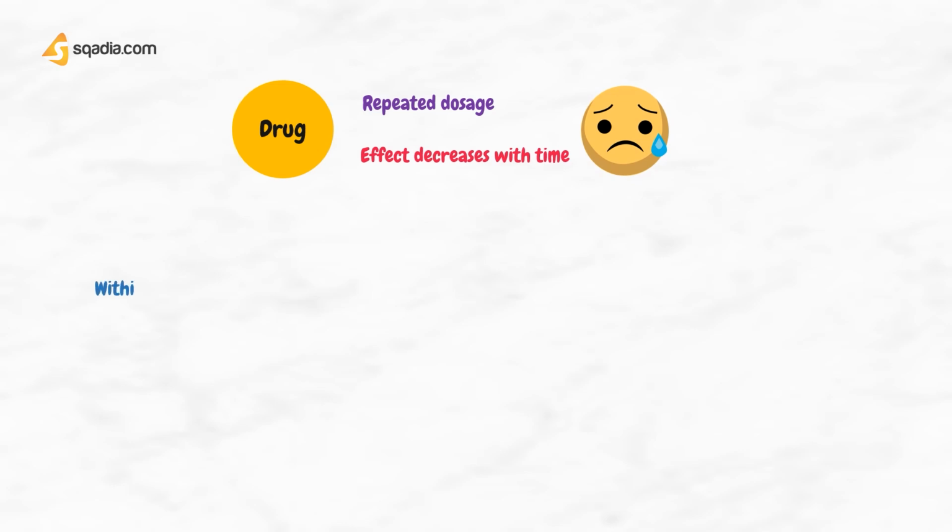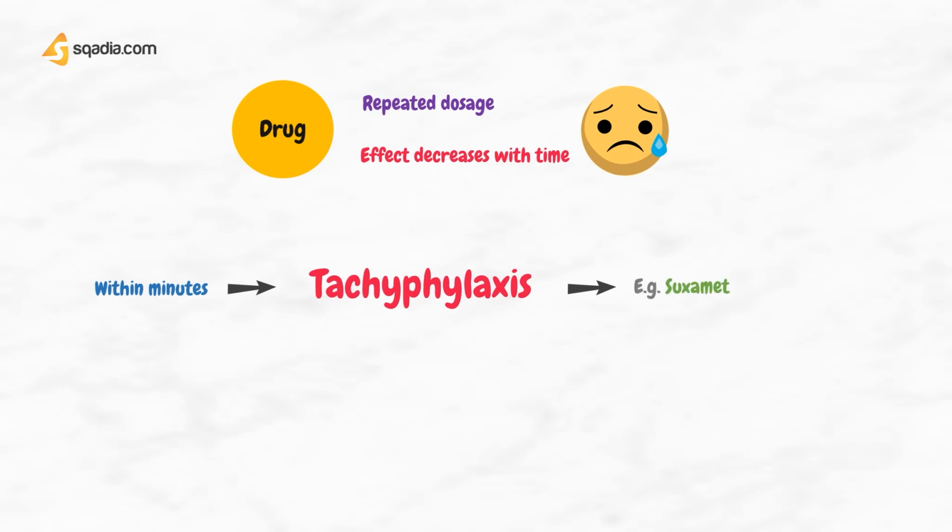Tachyphylaxis, desensitization, tolerance and drug resistance. When a drug is given repeatedly, its effects often decrease with time. If the decrease in effect occurs quickly within minutes, it is called tachyphylaxis or desensitization. Changes in receptors may cause desensitization, like suxamethonium. Tolerance refers to a slower decrease in response within days or weeks.